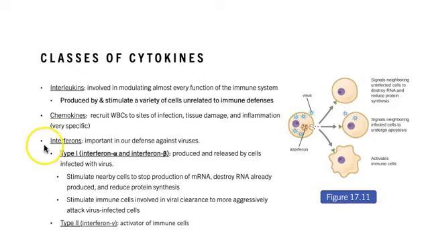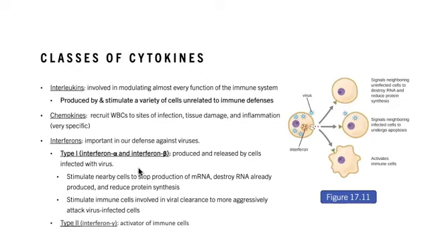Then we have our interferons, and I'm not sure why, but I really find these fascinating. They work in defense of viruses, and we've got three different types, well, technically two different types, but type 1 would include interferon alpha and beta, and they're produced and released by cells infected with the virus already. And what they work to do is to inhibit viral replication so that we don't go and infect other cells with the virus.